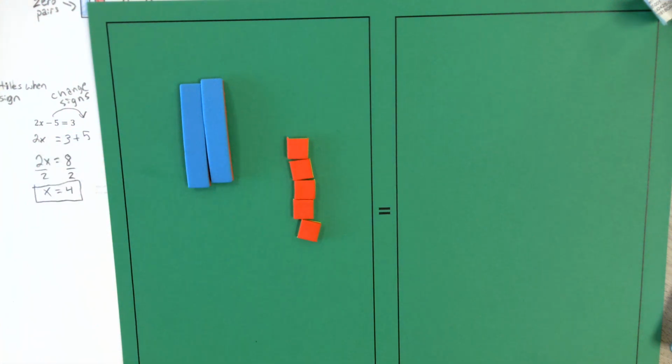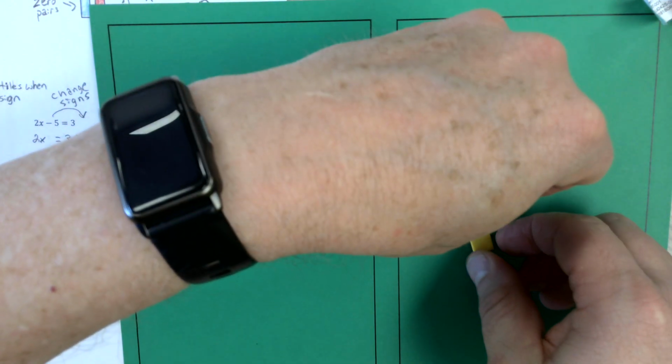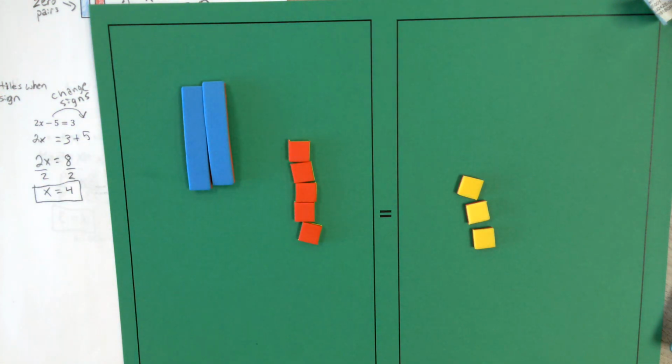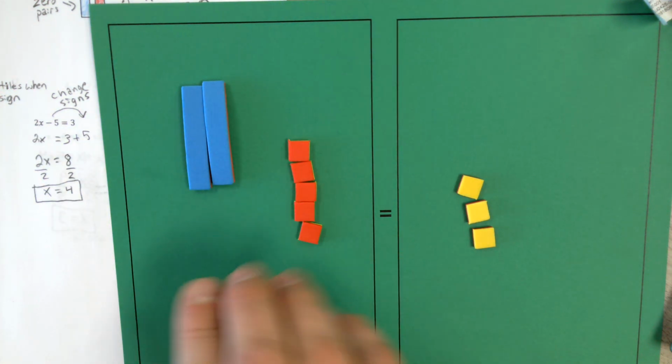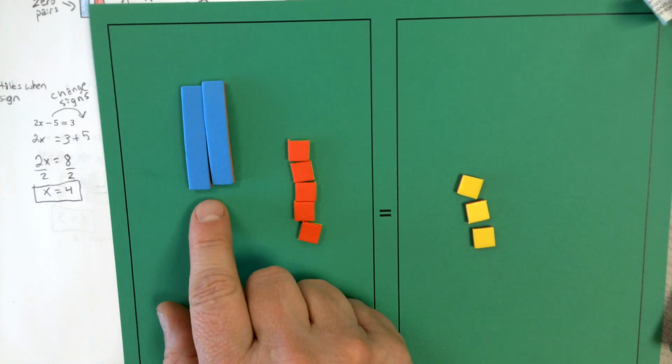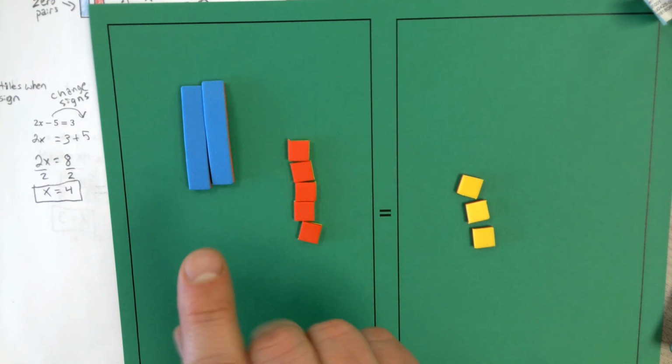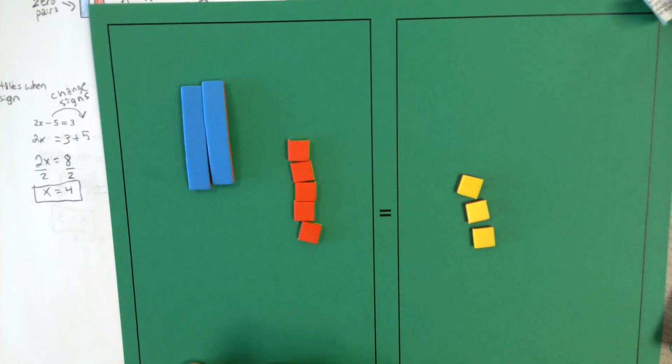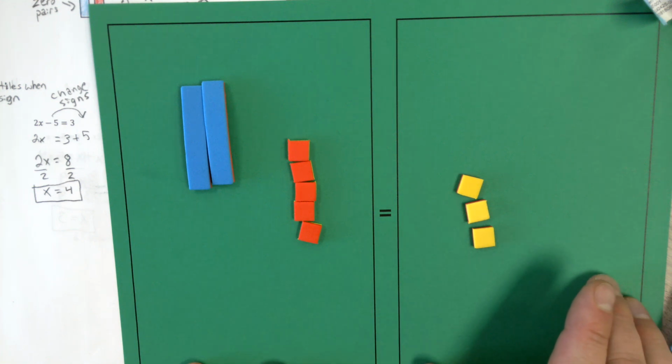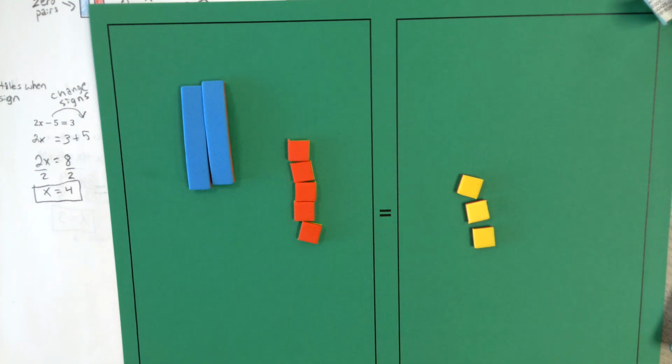It's a positive 3, so these are going to be yellow tiles. Now here is our process for solving. Our goal is to get these rectangle tiles by themselves. We only want rectangles on one side, and all the little squares need to go on the other side. That is what we need to do first for our initial goal.